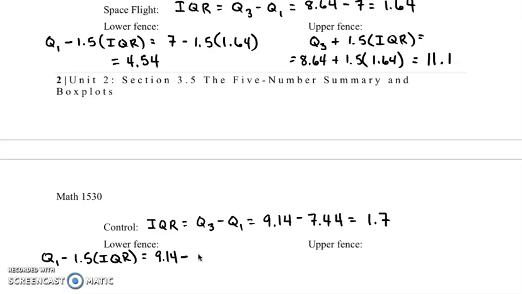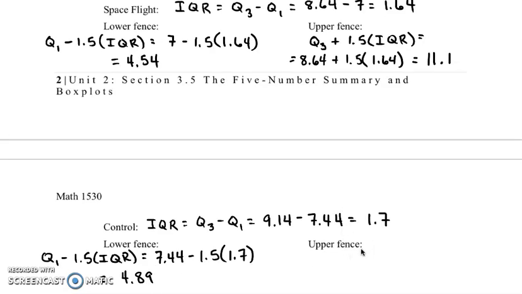Q1 is 7.44 minus 1.5 times the interquartile range, which is 1.7, which gives us a lower fence of 4.89.